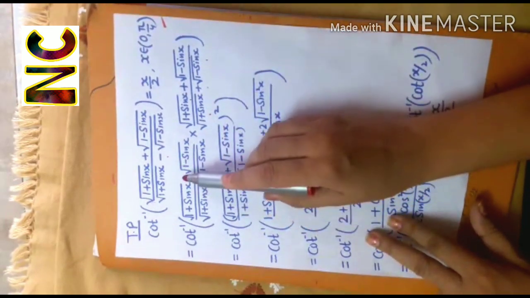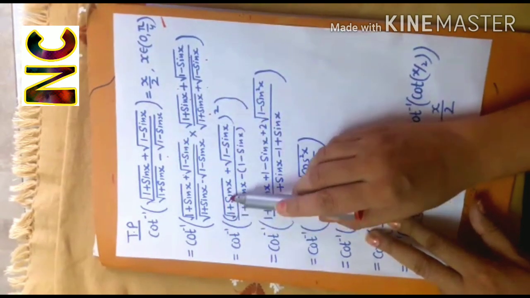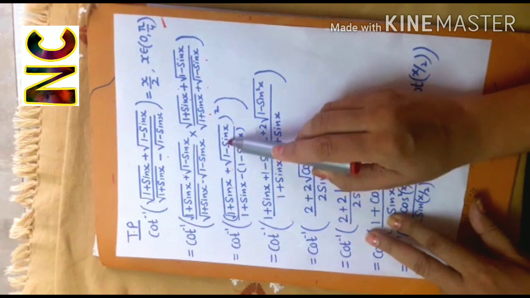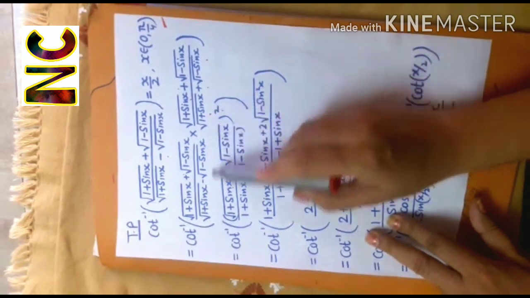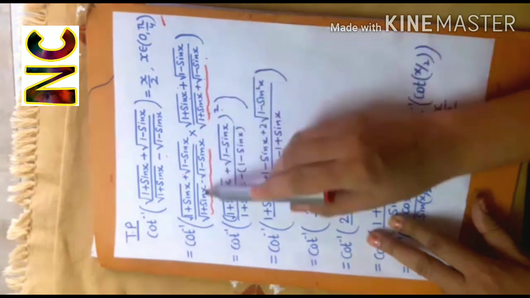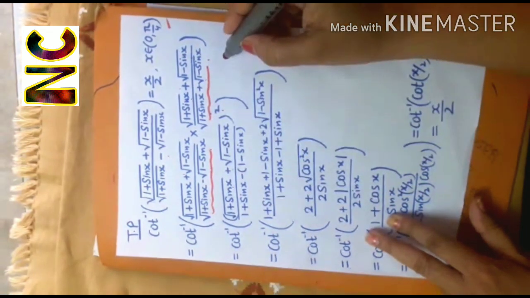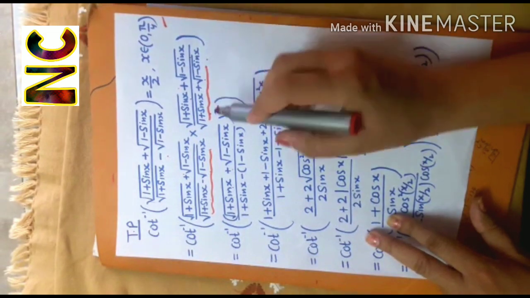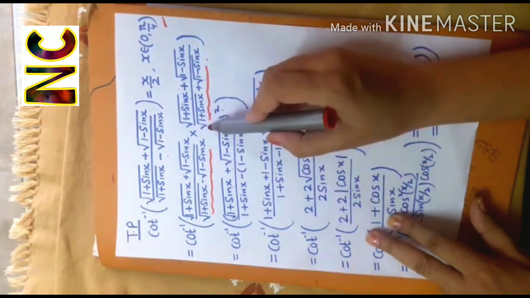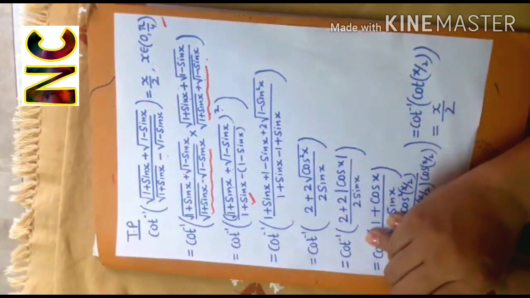Now, this multiplied with this will give you (√(1 + sin x) + √(1 − sin x)) whole square, and here it is of the form (a + b)(a − b), which is equal to a² − b². So the role of a is being played by √(1 + sin x), so its square will be 1 + sin x.